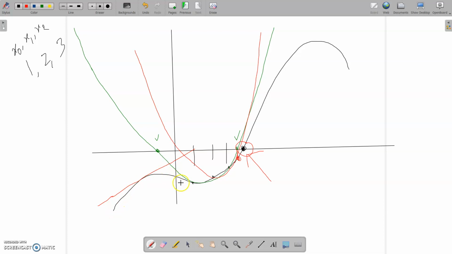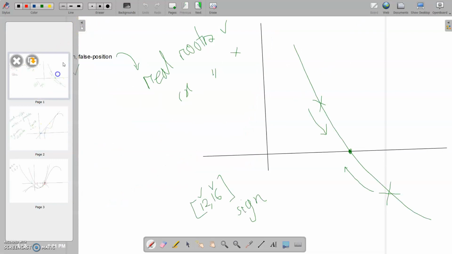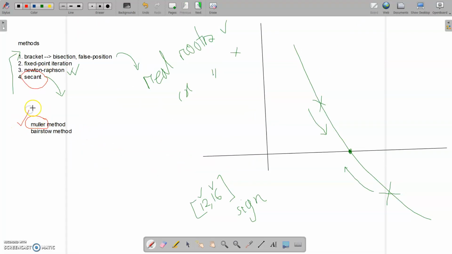Since the curve of the polynomial is already a curve, fitting a parabola actually provides a better result. So that's why this Muller approach works better than the second approach. In the second method, this Muller method will perform better.